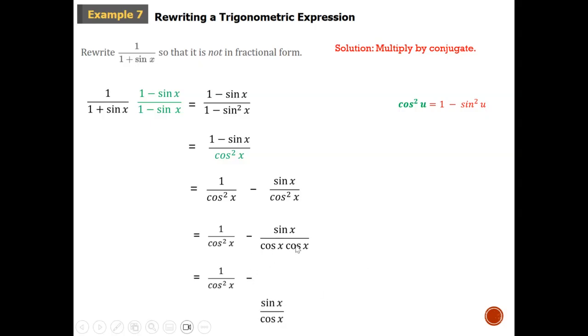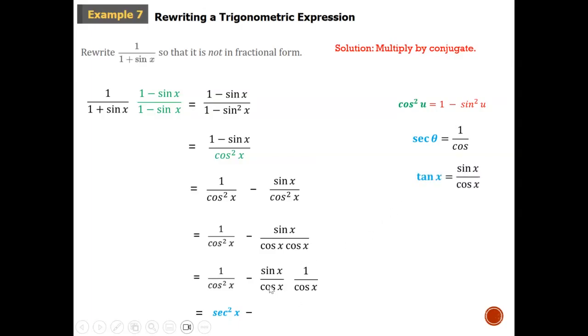Now, this becomes sine x times 1 over cosine x. Now here, guys, we know that secant is equal to 1 over cosine. Well, I forgot to put the theta there. So then, this is going to give us secant squared x on the bottom here. Minus, we know that sine over cosine is going to be tangent.